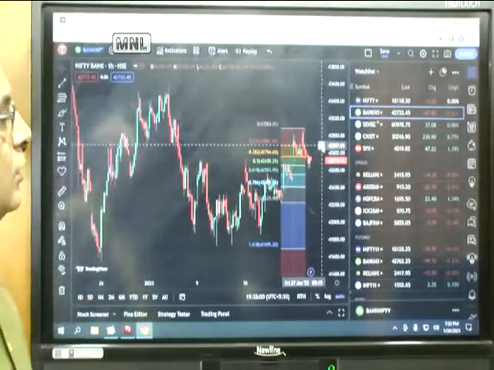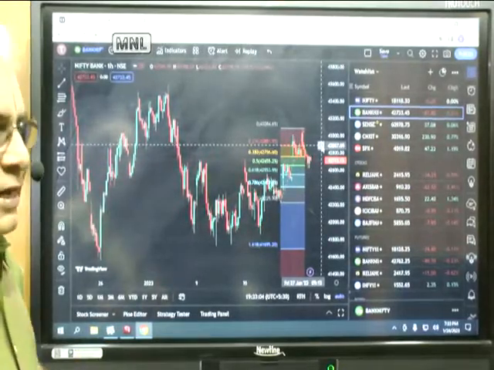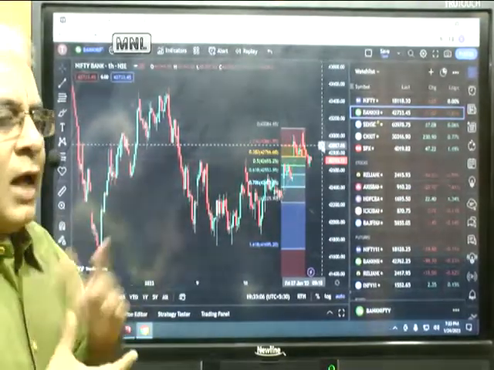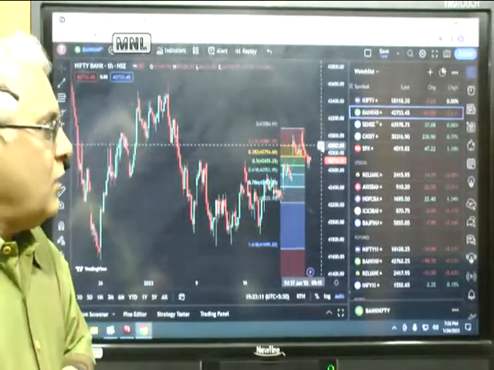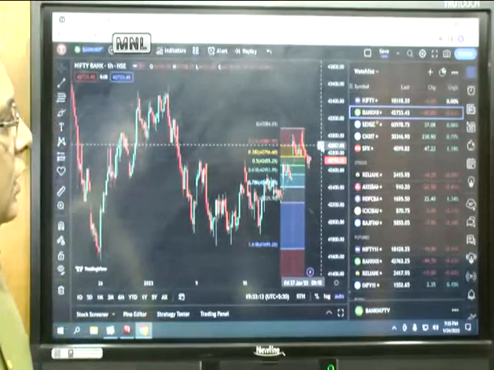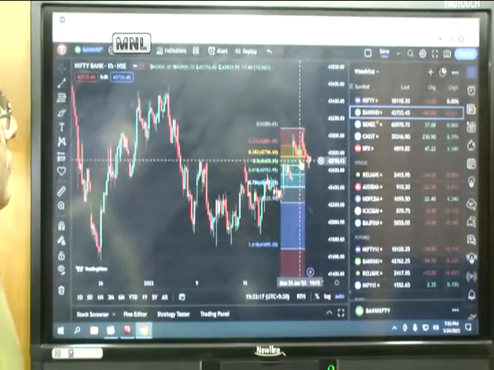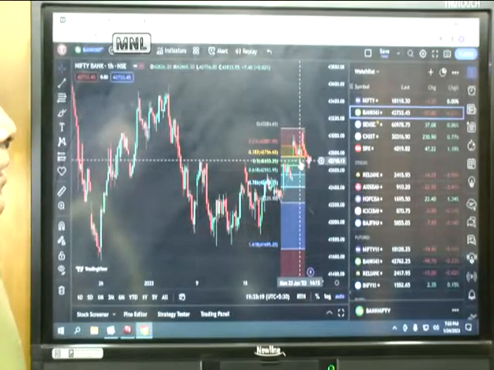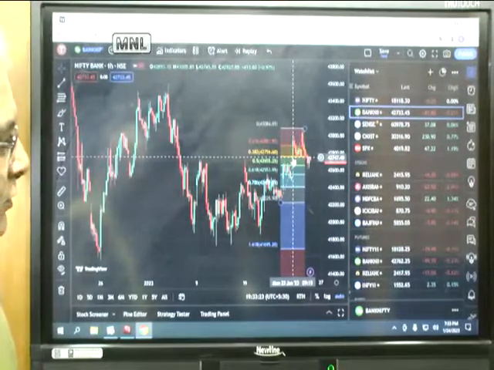So we expect that if there is going to be a rise immediately, it should not break 42,880. We have said that R1 is 42,990 and PP is 42,806. So either it can go up to this high, which is 42,865, or it can go up to this, close to 43,000.